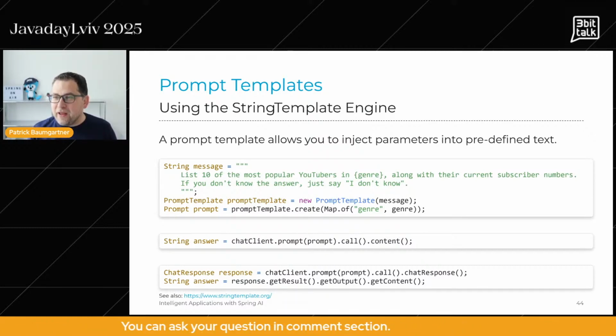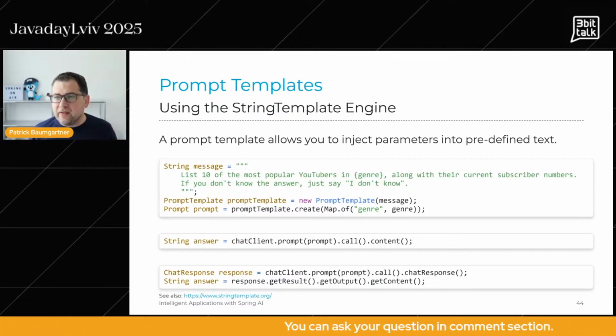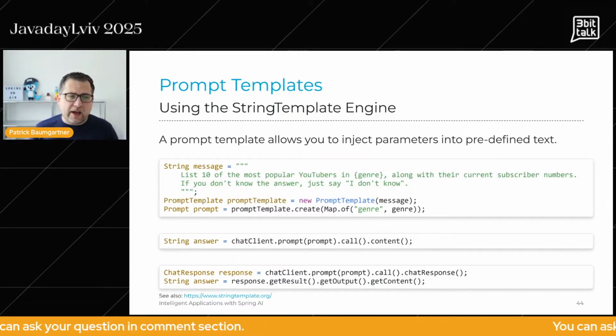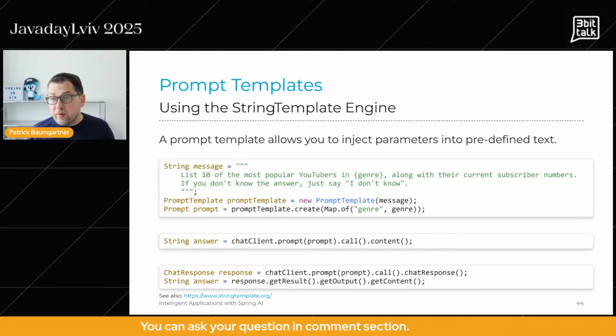Where you have a placeholder which can be replaced, as you can see in the example with the genre, and then you create out of this template a new string which is fed into the chat client. The chat client can be called, and the call gives you the answer, and with .content we are just extracting from the JSON document just the answer.